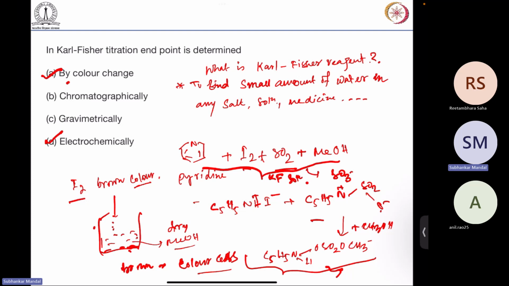Suppose initially it is 20 ml and after adding 2 ml it becomes 18 ml. That means 2 ml is consumed and it became a colorless solution, so 2 ml equivalent of Karl Fisher reagent water is there. As we know, 1 ml of KF solution is equivalent to how much water?